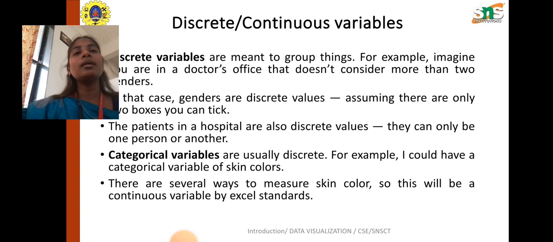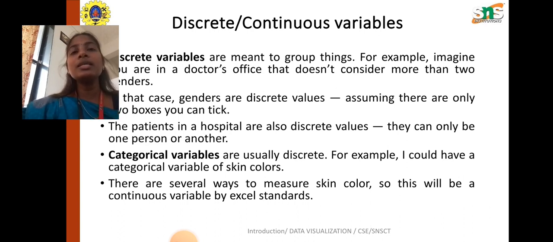Next they ask for gender, whether male, female or transgender. Only three possibilities are available. Beyond that no more values can be added; we have to tick male, female or transgender. This is called a discrete variable.